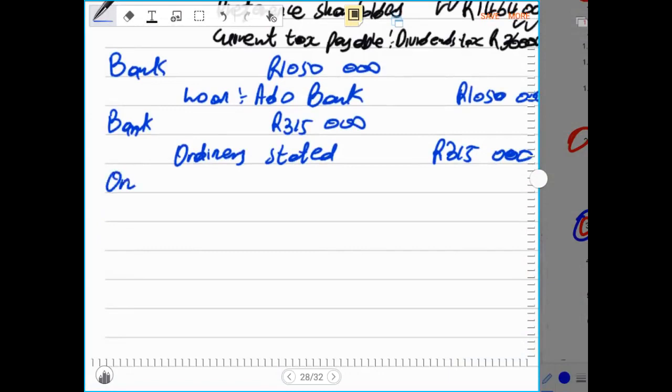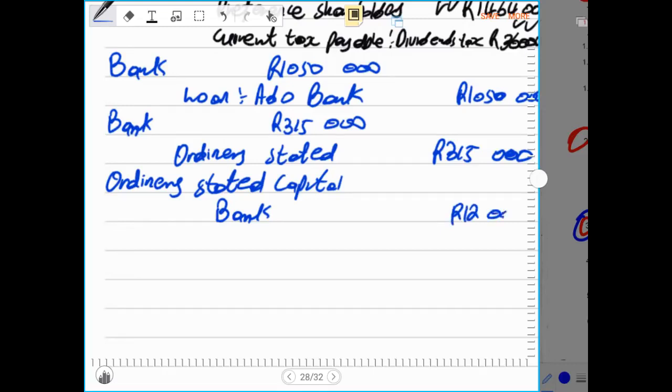So we debit our ordinary stated capital, because this is an expense that has to do with the issue of shares. Then we credit our bank because it was paid. That will be an amount of 12,000 rands. So now we have done that journal entry.